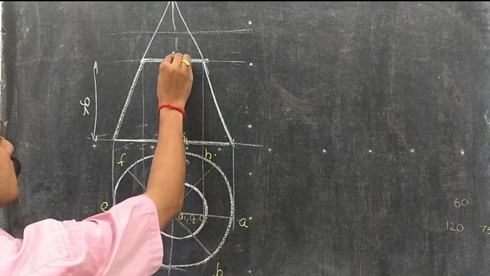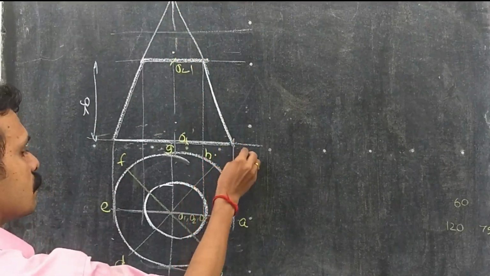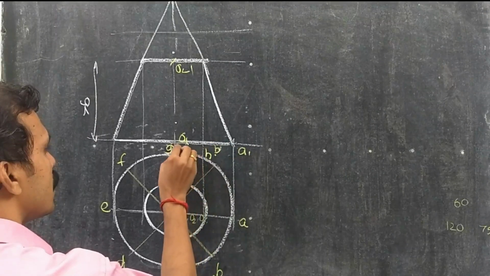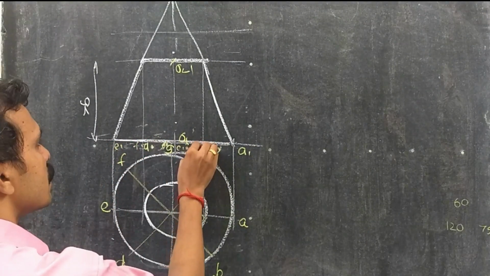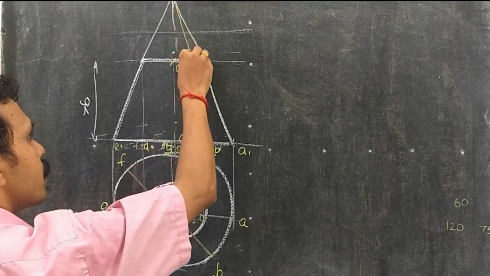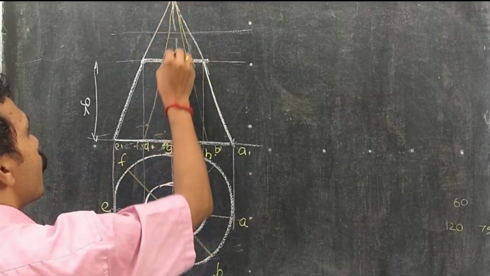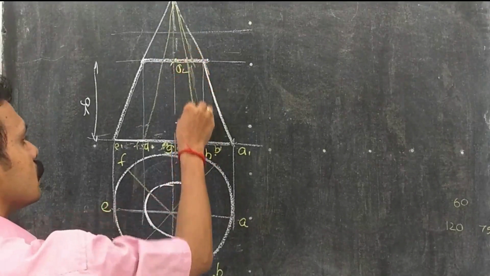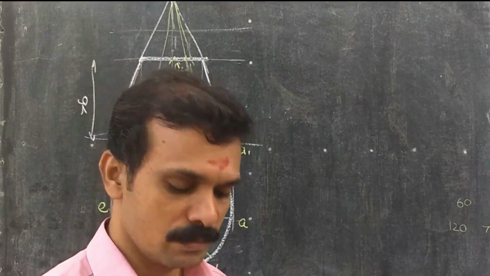This is O1, this is O2 and this is O3 dash. A dash, B dash, C dash, D dash, E dash, F dash, G dash and H dash. So, this is the front and top view of the cone.